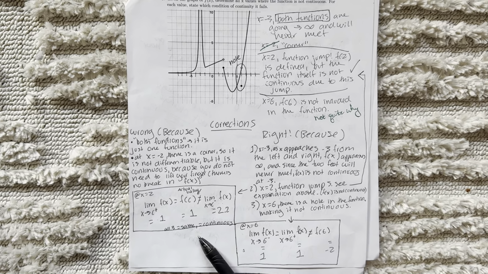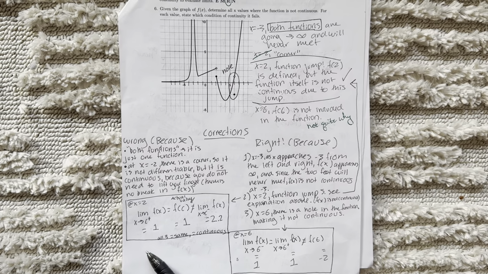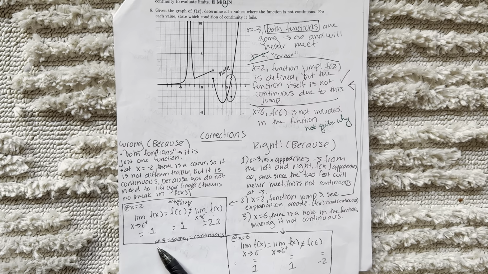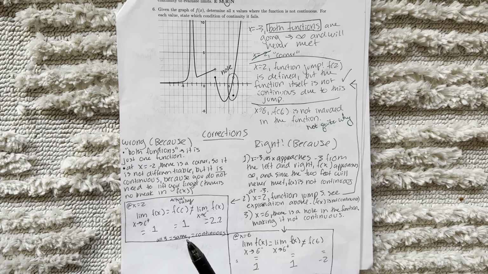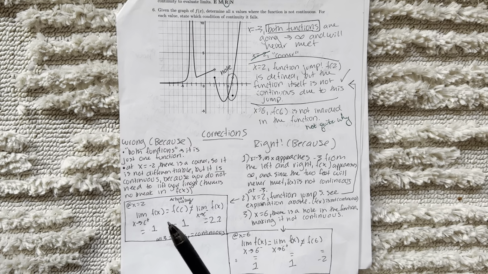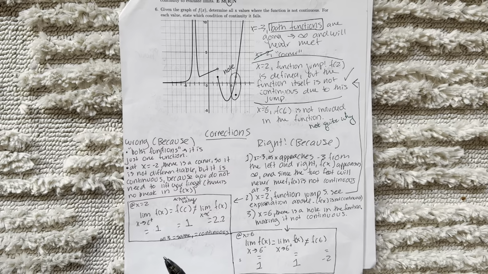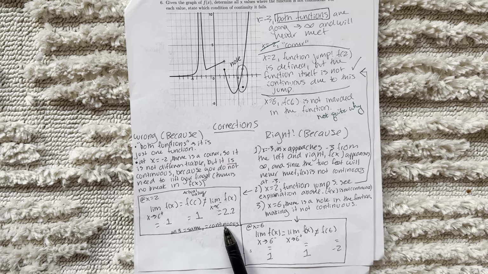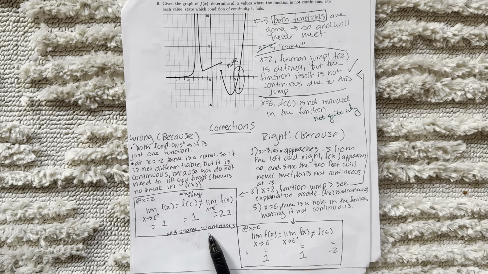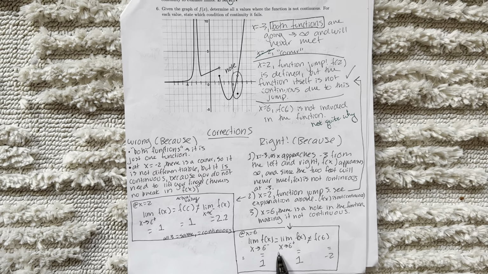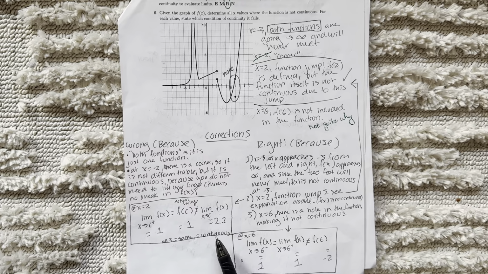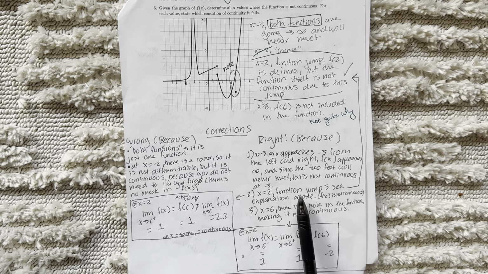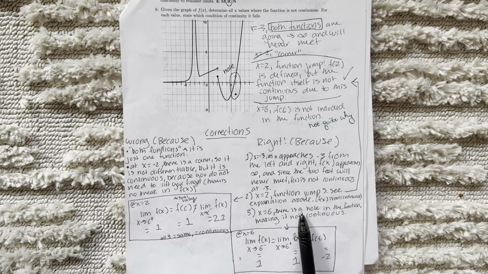So as we can see here, if the limit as x approaches, f of x from the right and from the left are the same as the actual value, then it is continuous. But since they are not, it is not. And this just puts into mathematical notation what I'm saying here and here.